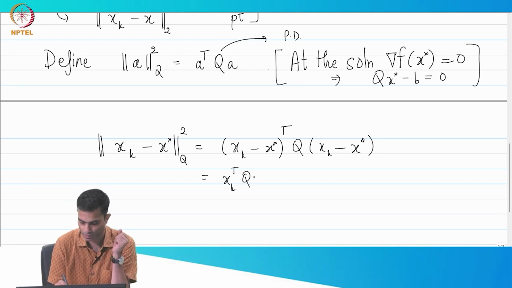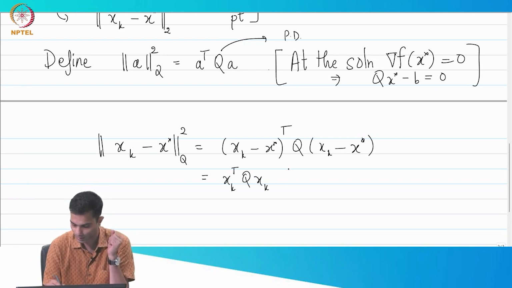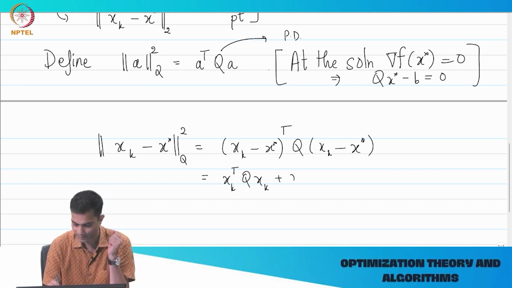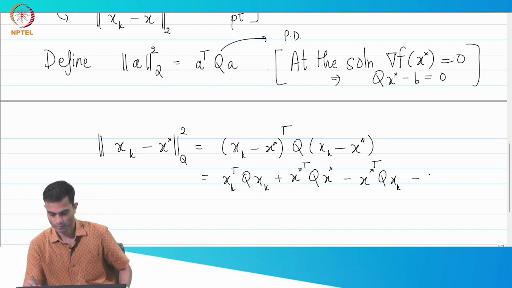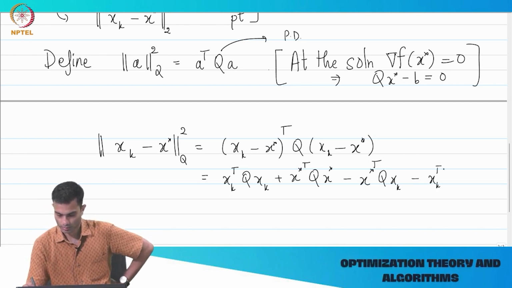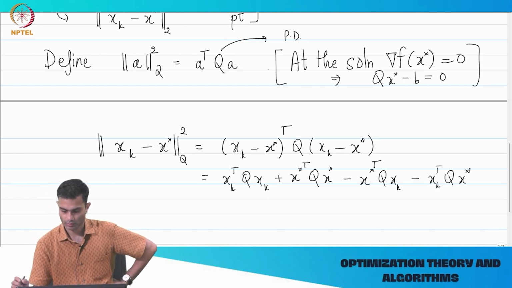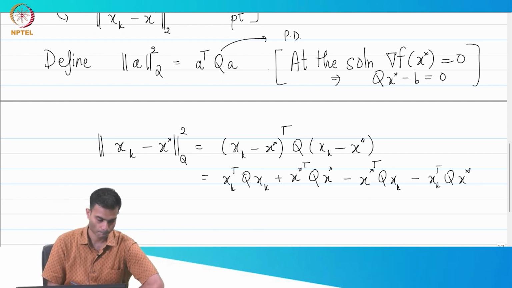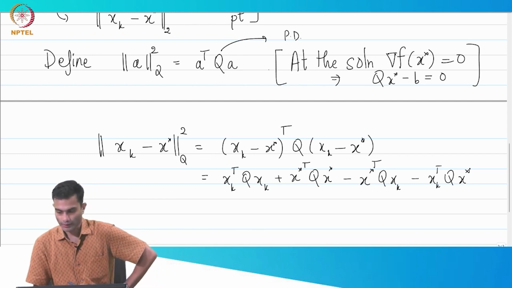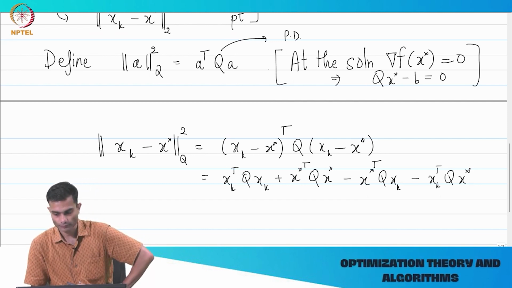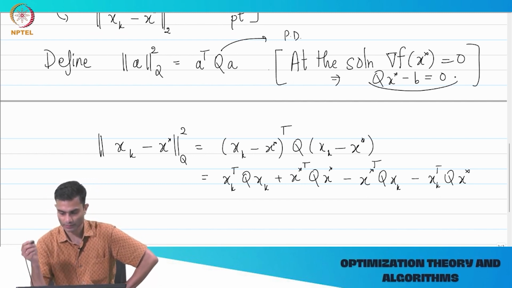Xk transpose qxk is one term, plus x star transpose qx star is another term, and then I have the cross terms. Let's keep in mind this expression over here.